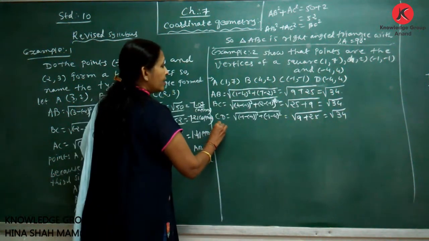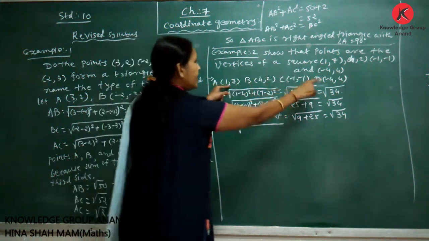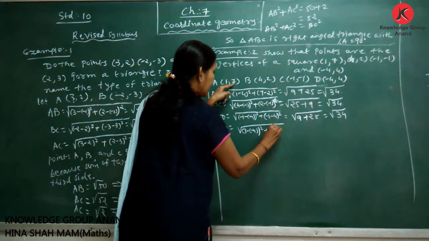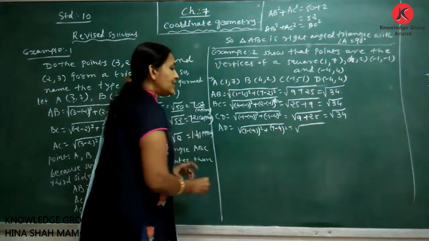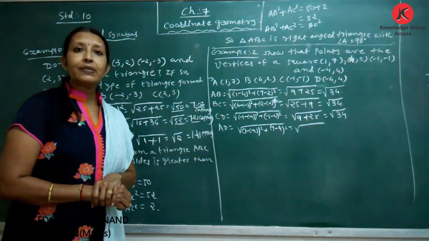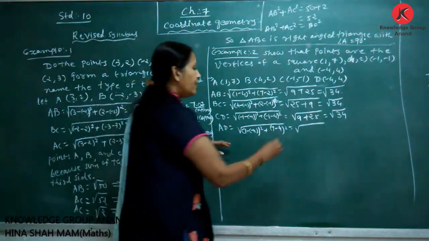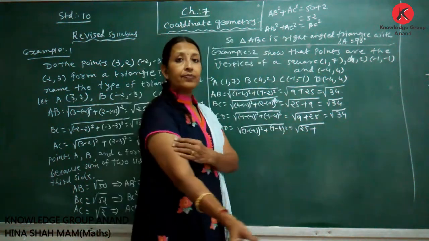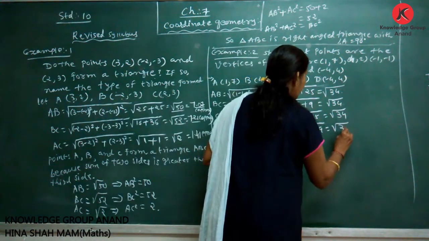And find AD is equal to the root of (1 plus 4) square plus (7 minus 4) whole square, 5 square is 25, plus 3 square is 9, equal to root 34.